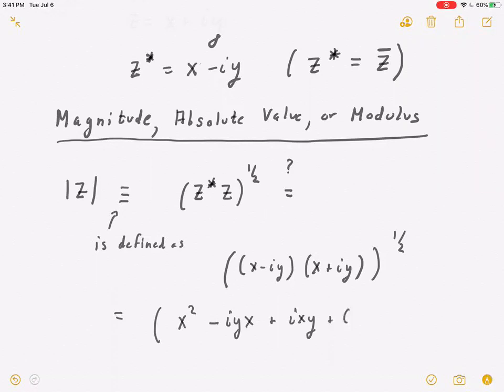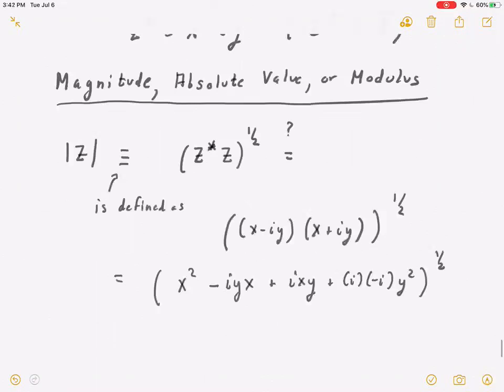That's so important. Let's write that down. So it's i times minus i, y squared. i squared is minus 1, so minus 1 times a minus sign is going to give you plus 1. This term is going to annihilate this term. So my final answer is x squared plus y squared to the 1/2 power, which is going to be the norm of a complex number.